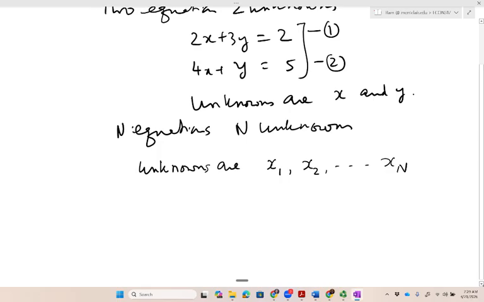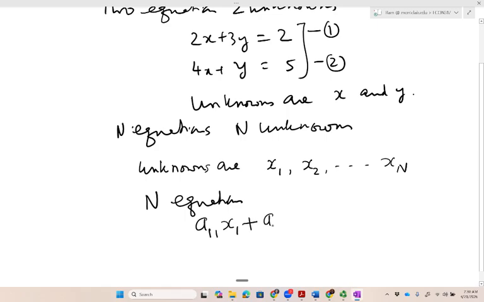And then we need to write down now n equations. Again, we will have to have a general notation. So let me write it this way. For the first equation, I will have a11 times x1. So this is the coefficient of variable x1.